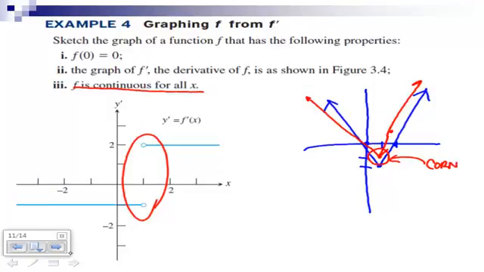And what we find is when we have a lack of continuity in the derivative, we end up getting things like corners and cusps, and possibly vertical tangents. That was an interesting problem. Any questions before I go on to the next slide? We're good? All right.